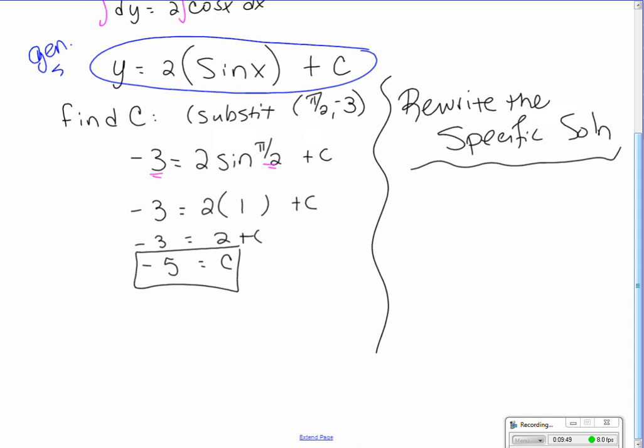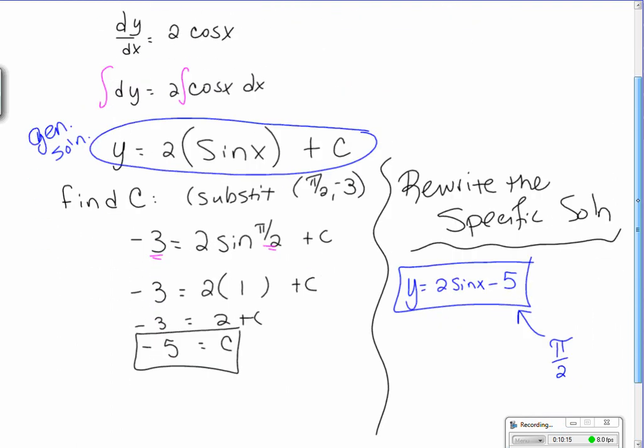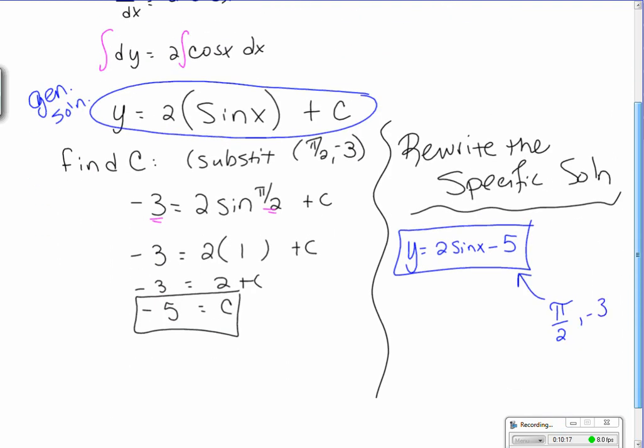So I'm going to start with my general solution, y equals 2 sine x plus c, and we found out c was negative 5, so 2 sine x minus 5. And we know that this particular curve passes through the point (pi over 2, negative 3). If you use your graphing calculator to do it, you'll find that to be the case.